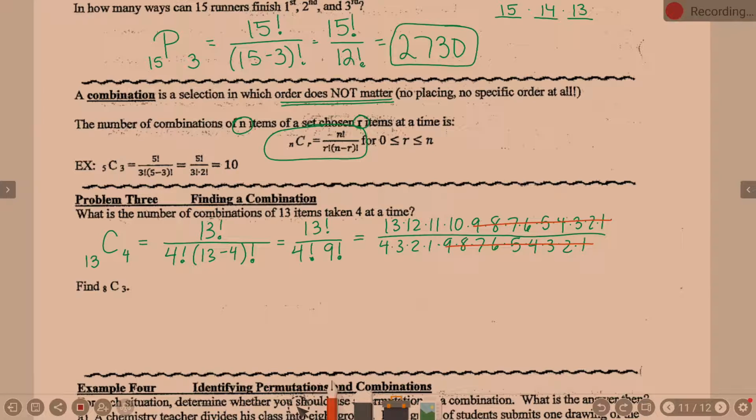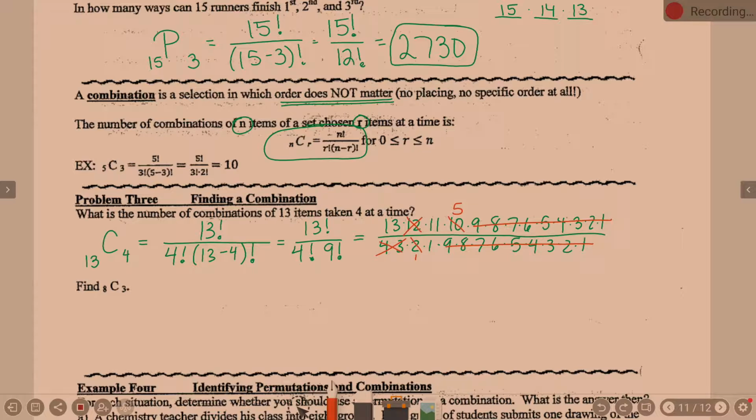How are you with that? Do you notice some other pieces that we could cancel? What do you know about 4 times 3? That's 12. Could I cancel out the 12 with it? Could 2 divide into something there? 2 can divide into what? 10. So if I divide that 2 and it becomes a 1, 10 divided by 2 is 5.